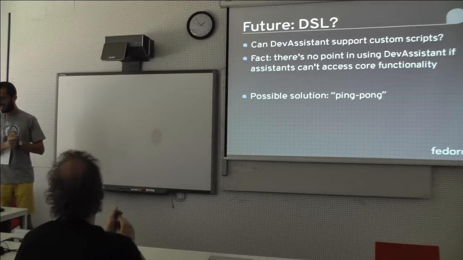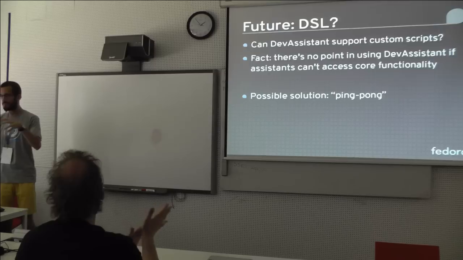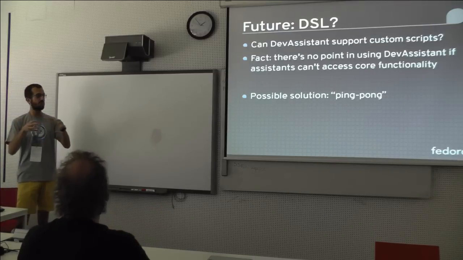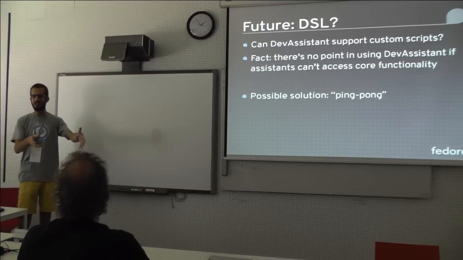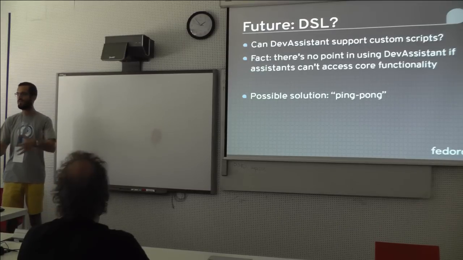So if the executable assistants would be just like, here's a script and I run it and I don't care what's in it, there would actually be no benefit in using DevAssistant for that, right?